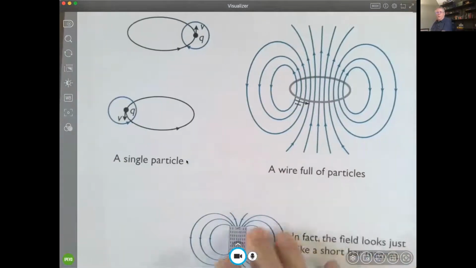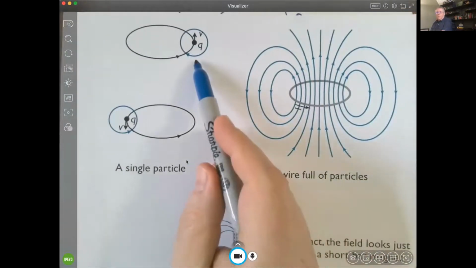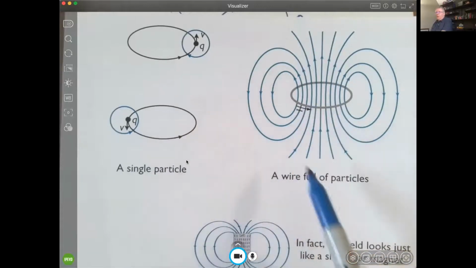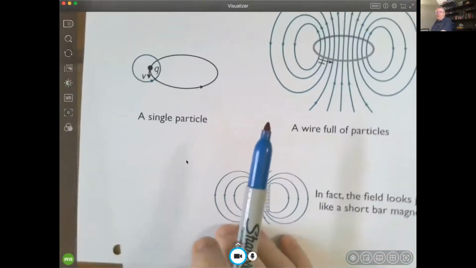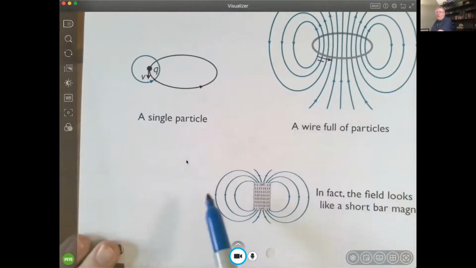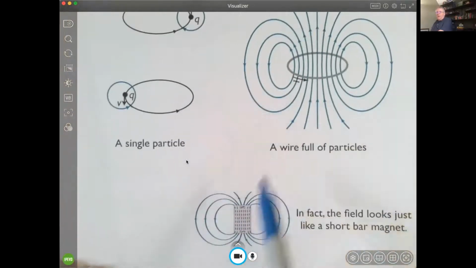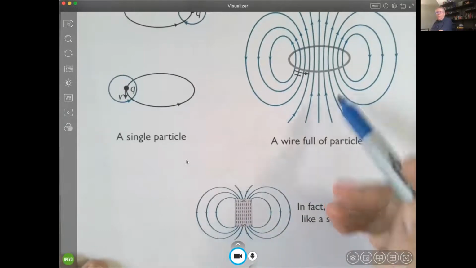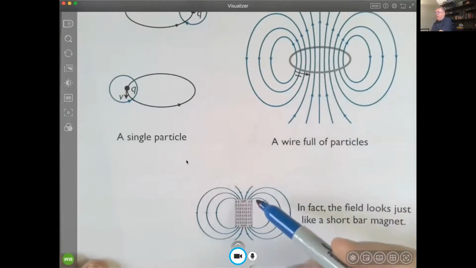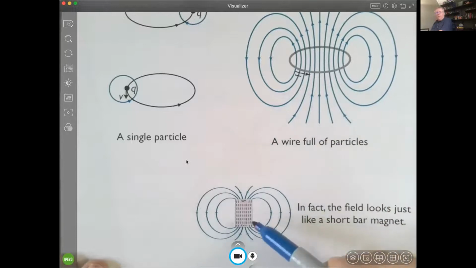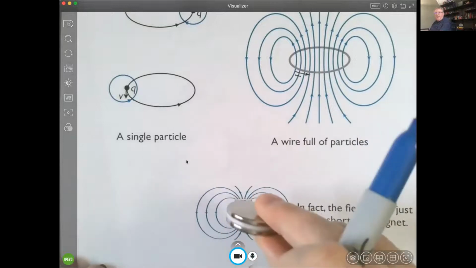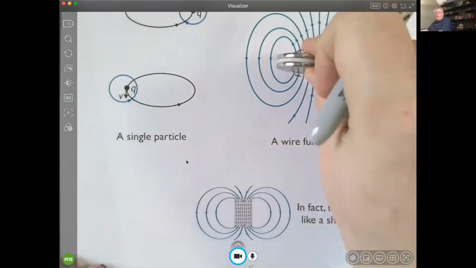In other words, these particles that are traveling around in a circle make a field that looks like a current loop. But this diagram and this diagram are actually very, very similar, right? A bar magnet and a loop of current have very similar patterns. In fact, the pattern of a very thin bar magnet, like your little metallic guys, looks a lot like this.